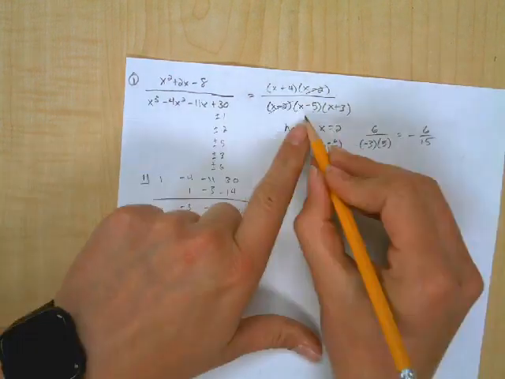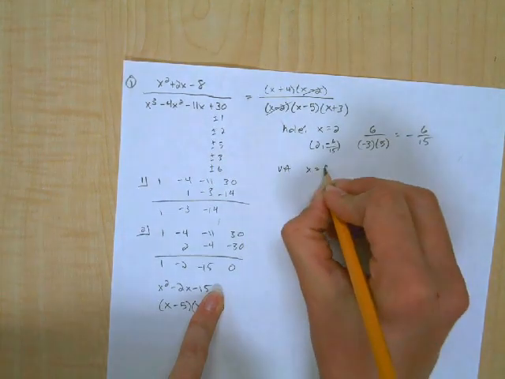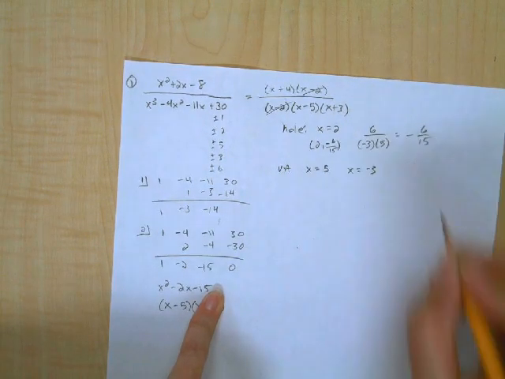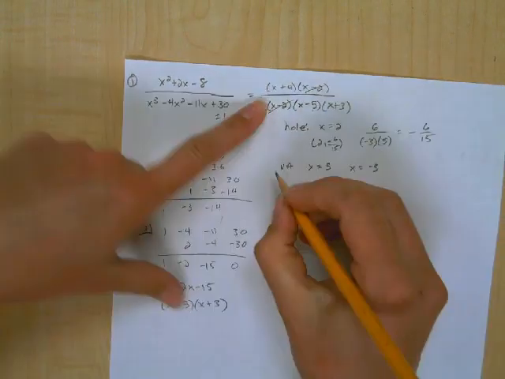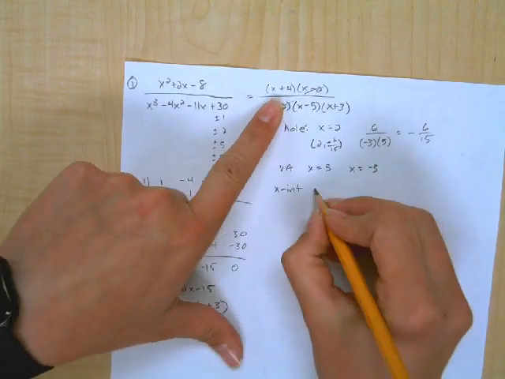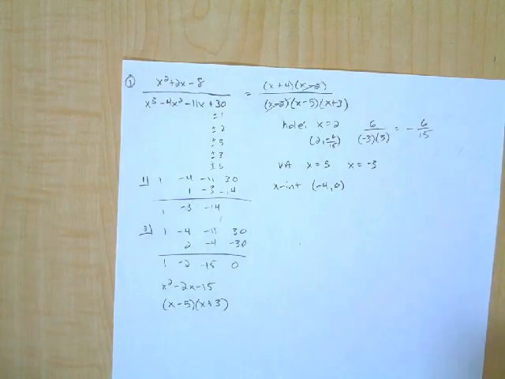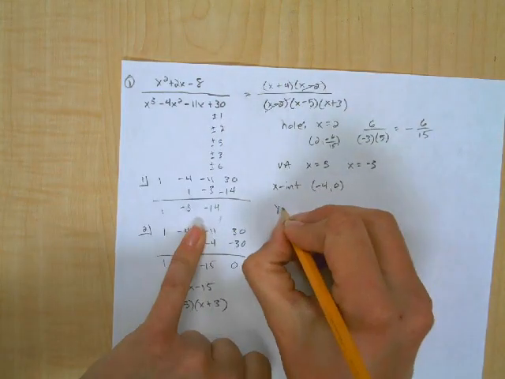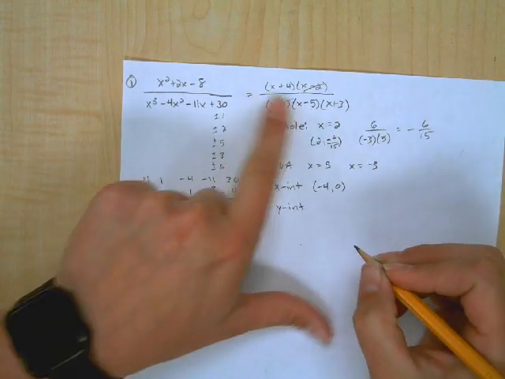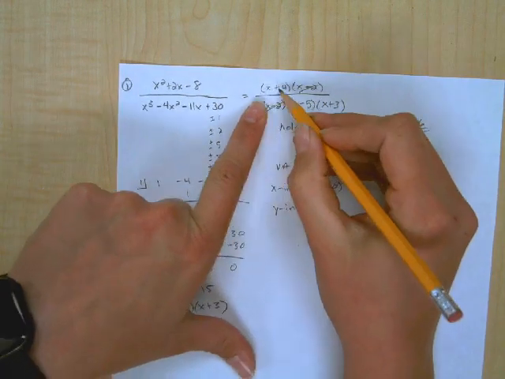Okay, and then the bottom part makes vertical asymptotes. So x equals 5 and x equals negative 3. Okay, the top part makes our roots or our x-intercepts, zeros, they're all the same thing, right? So my x-intercept would be at negative 4, 0. Right, y-intercept, just plug a 0 in for x. Again, forget about the discontinuity so you can remove it. All right, so plug in the 0 there.